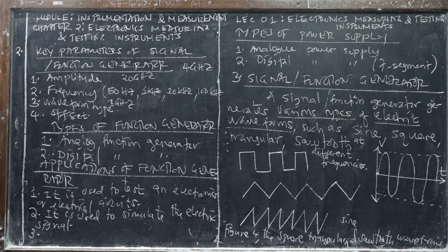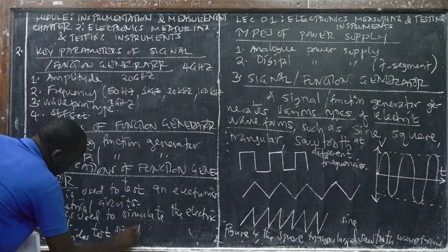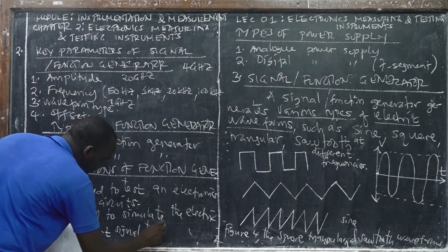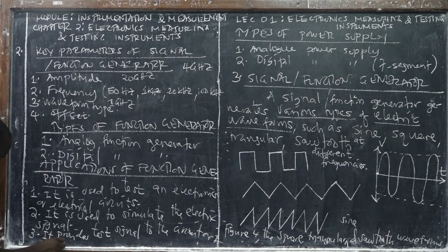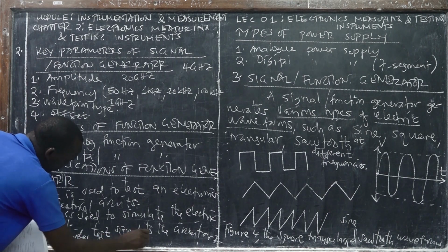Number three, a function generator is also used to provide a test signal to the circuit or other measuring instrument.